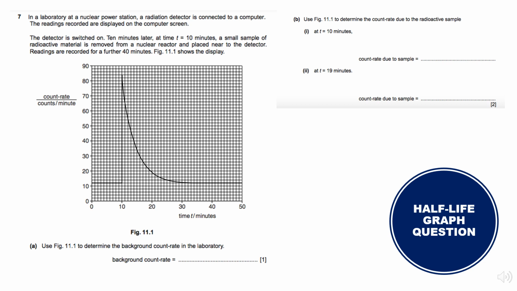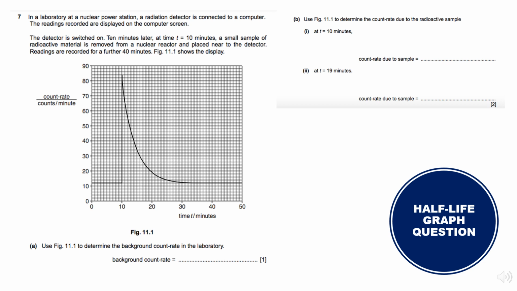B. Use figure 11.1 to determine the count rate due to the radioactive sample at t equal to 10 minutes. So we need to determine the count rate at t equal to 10 minutes. On our x-axis we can see 10 minutes. Find the corresponding value.